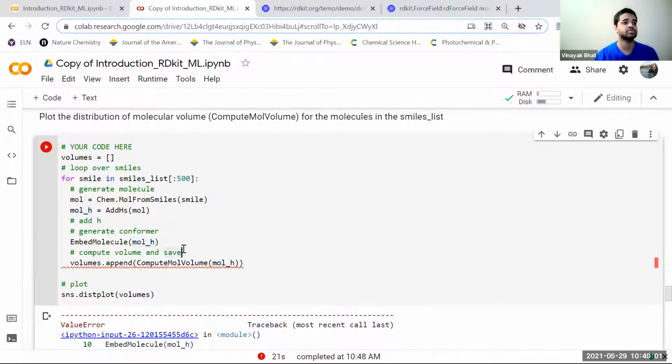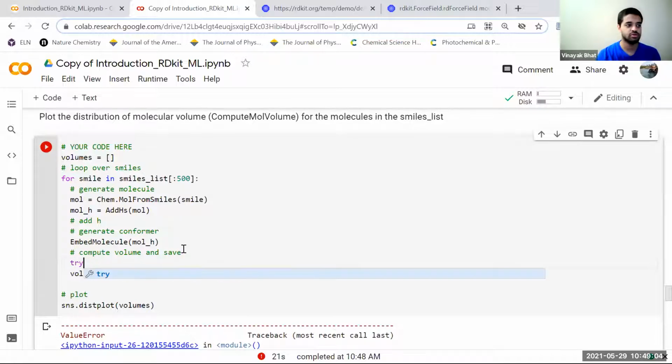It looks like somehow it did not generate. I'll just skip it to get rid of it.